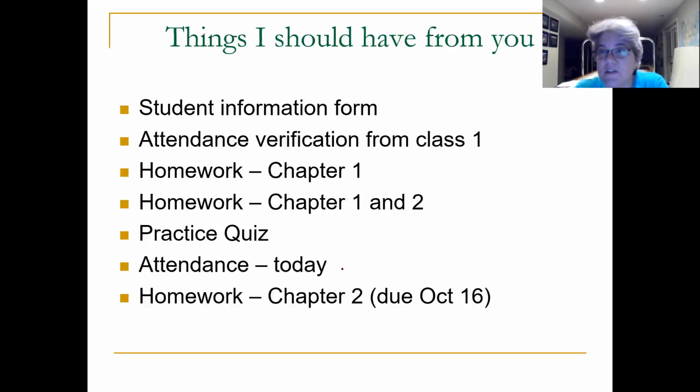If you're watching this on video, I told you how to do that. And then there will be another homework that's due next week. So you need to make sure that I have all of these things from you. There are still several students that are missing things. So please make sure that I have all of this, because if you're missing things in the end, it will affect your final grade. Okay?